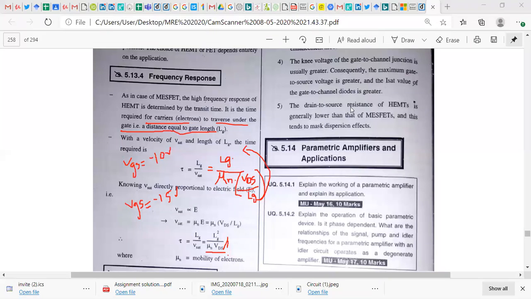What changes have I made with the VGS? Did I increase the VGS or decrease the VGS? It is an increase in voltage or decrease in voltage?